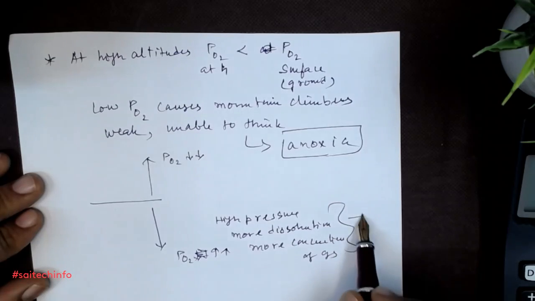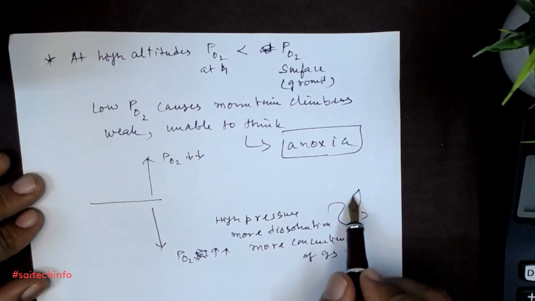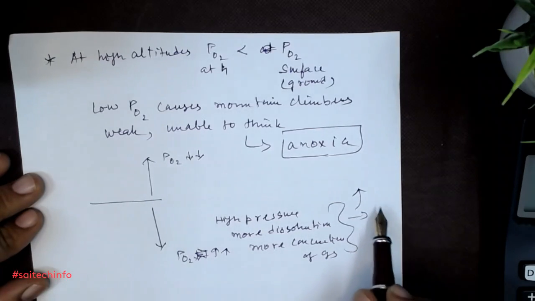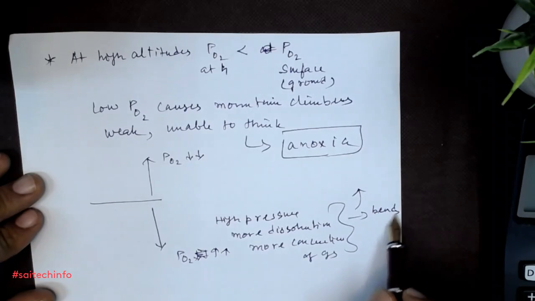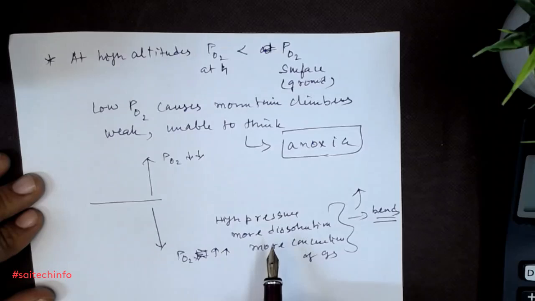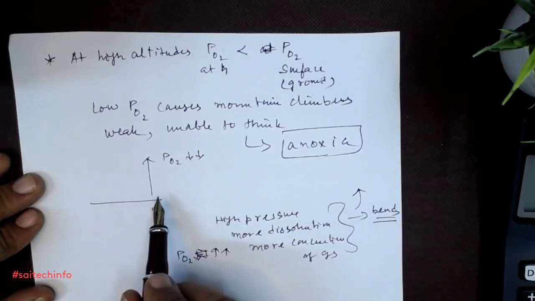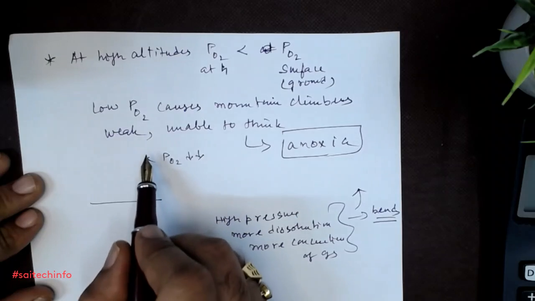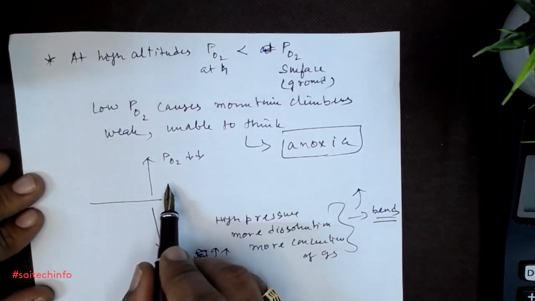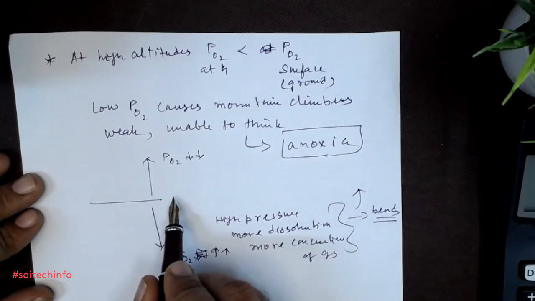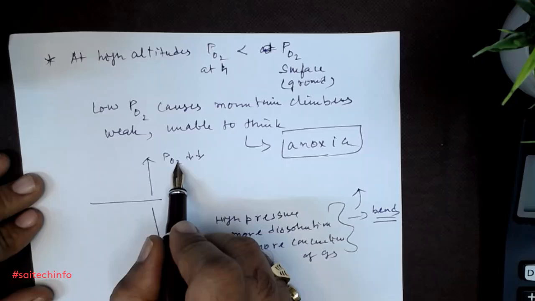When they climb up, it causes bends, a medical condition. Whereas in the case of mountaineering people, they develop anoxia because at ground level the pressure will be more and here it is less.